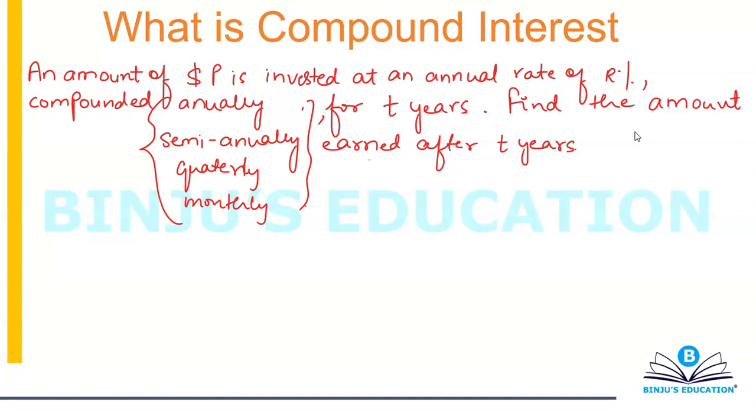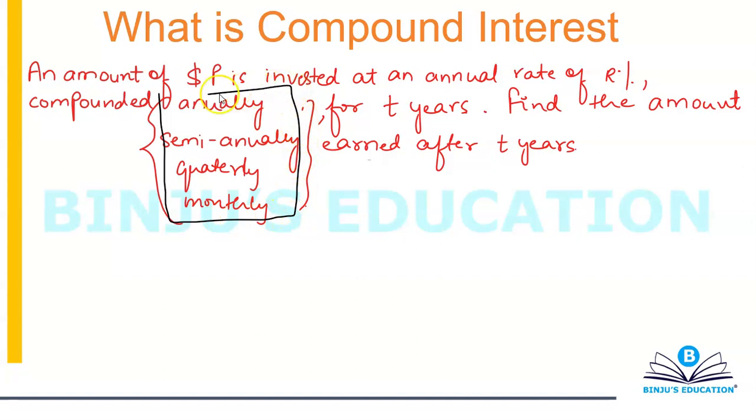An amount of $P is invested at an annual rate, that is a yearly rate of R%, compounded annually or semi-annually or quarterly or monthly for T years. Find the amount earned after T years. The only question that I have, for which I would expect you to have your answers ready: what do you mean by these four terms?